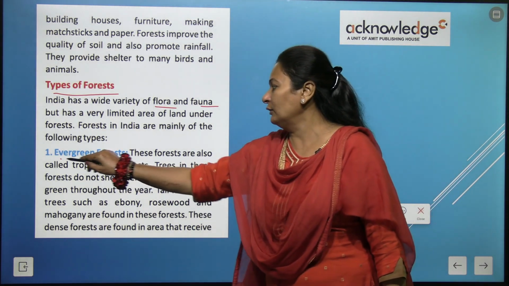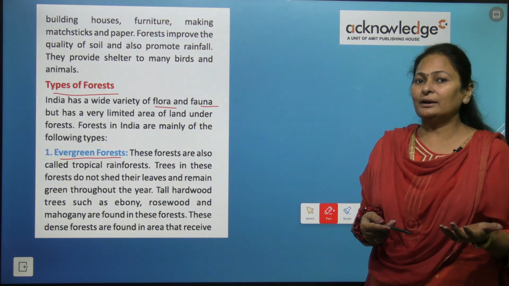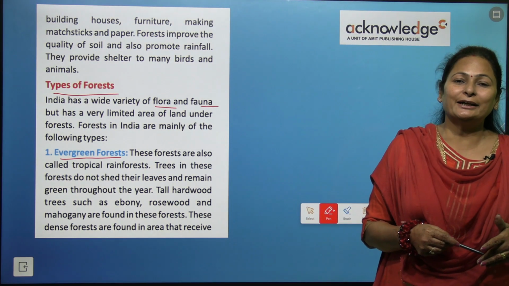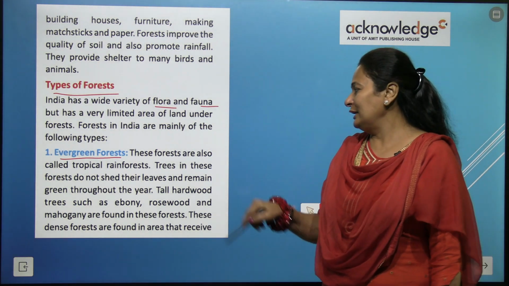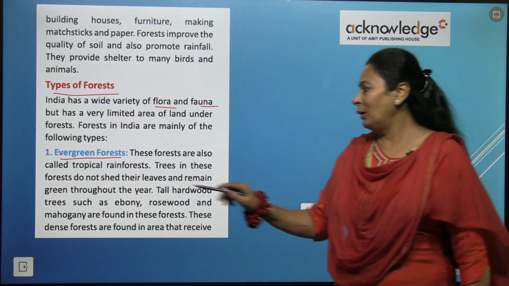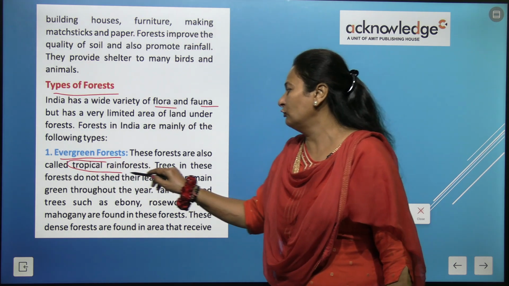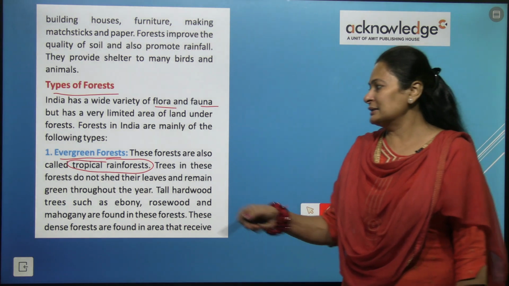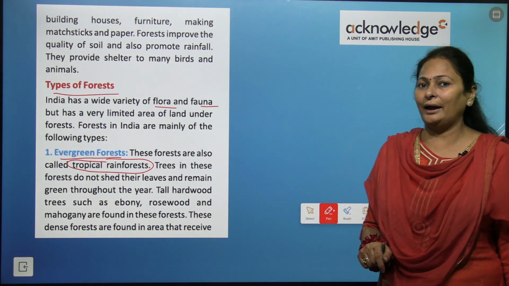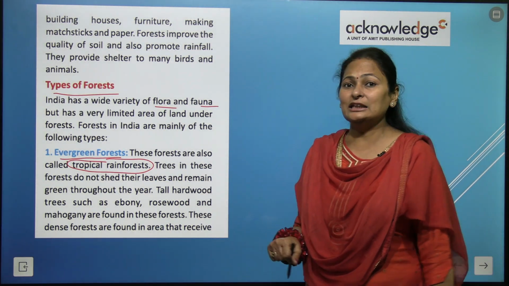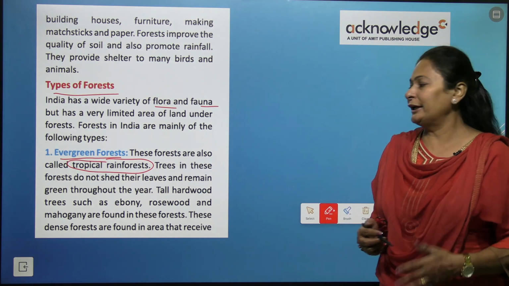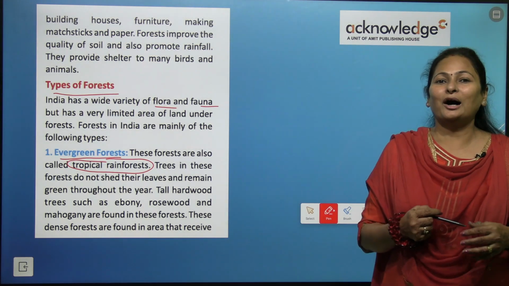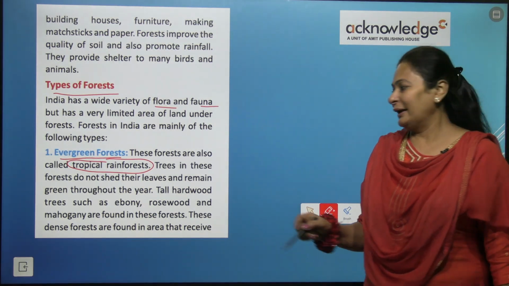First is the evergreen forest. Evergreen, as the name refers, these trees never shed their leaves, right? These forests are also called tropical rainforests. The other name of the evergreen forest is tropical rainforest. Trees in these forests do not shed their leaves and remain green throughout the year, right?